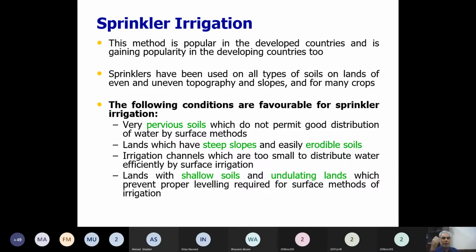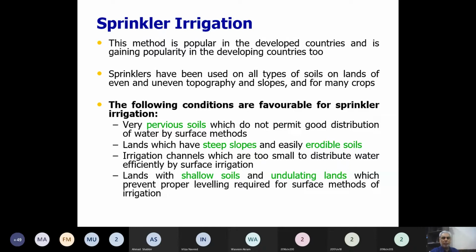So in those soils, it is preferred that the sprinkler irrigation method should be applied, because you can apply the water at your will whenever you need, and a frequent and small quantity of water can be applied using this sprinkler method of irrigation. So for porous soil, it is recommended that you go for the sprinkler irrigation method if we can bear the cost, if the pump system is available and the pipe network is available.